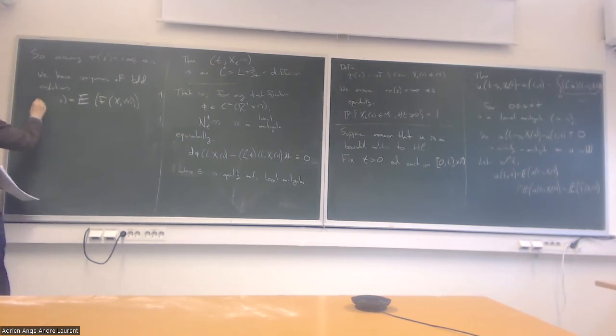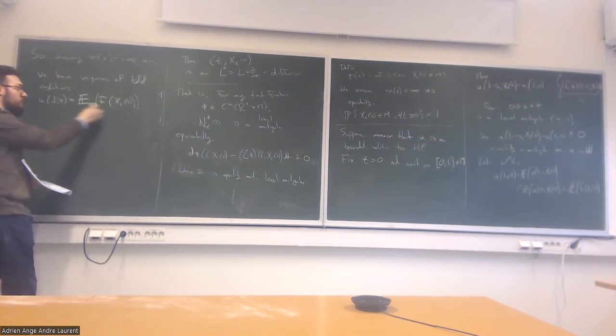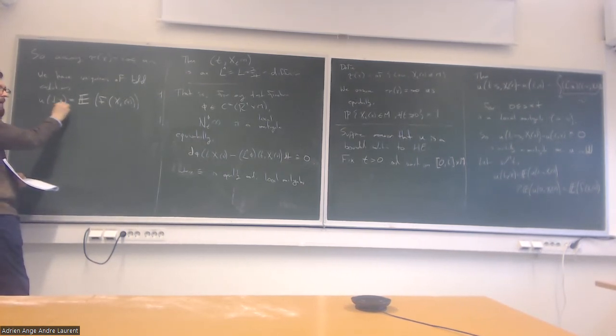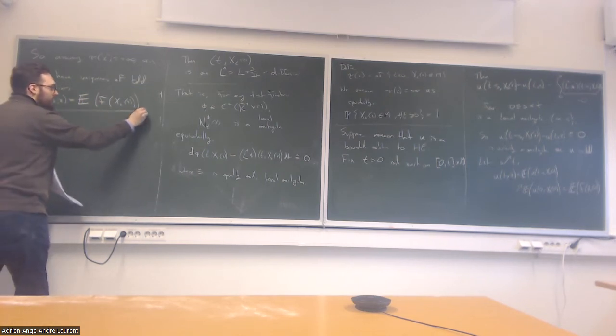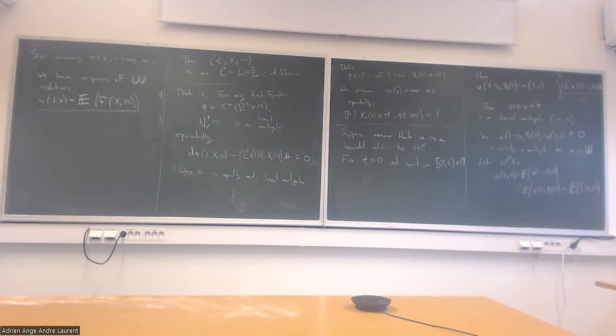I should be careful, I should have written u of t, x. Now what we're seeing is that at time t, we ask ourselves, where has an L diffusion gone if it started at x? At that point, figure out the initial value and then take the expectation of this. Yes, does this make sense?